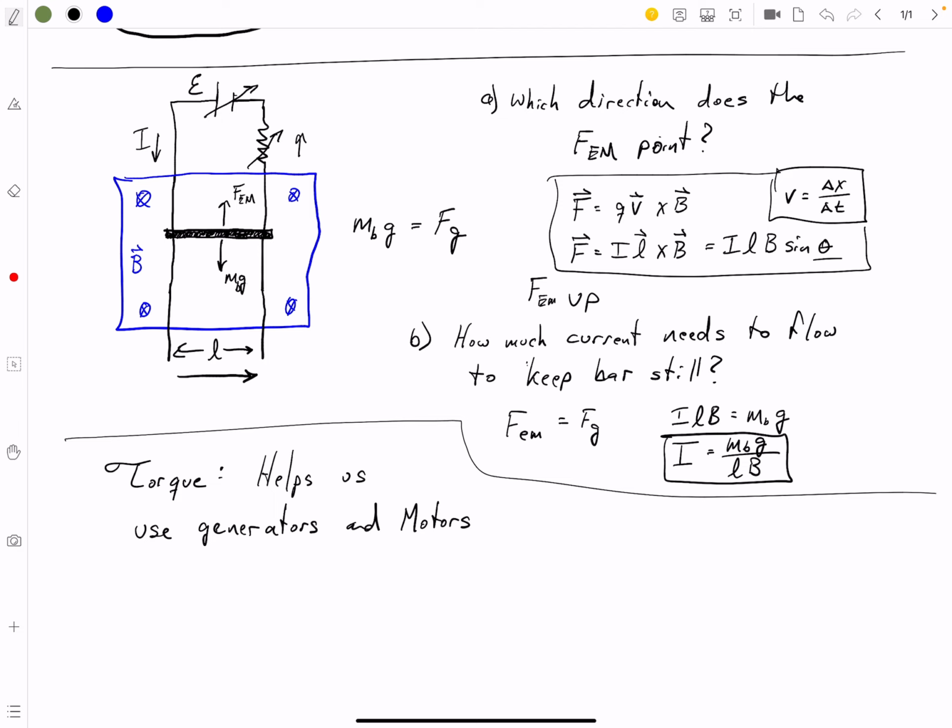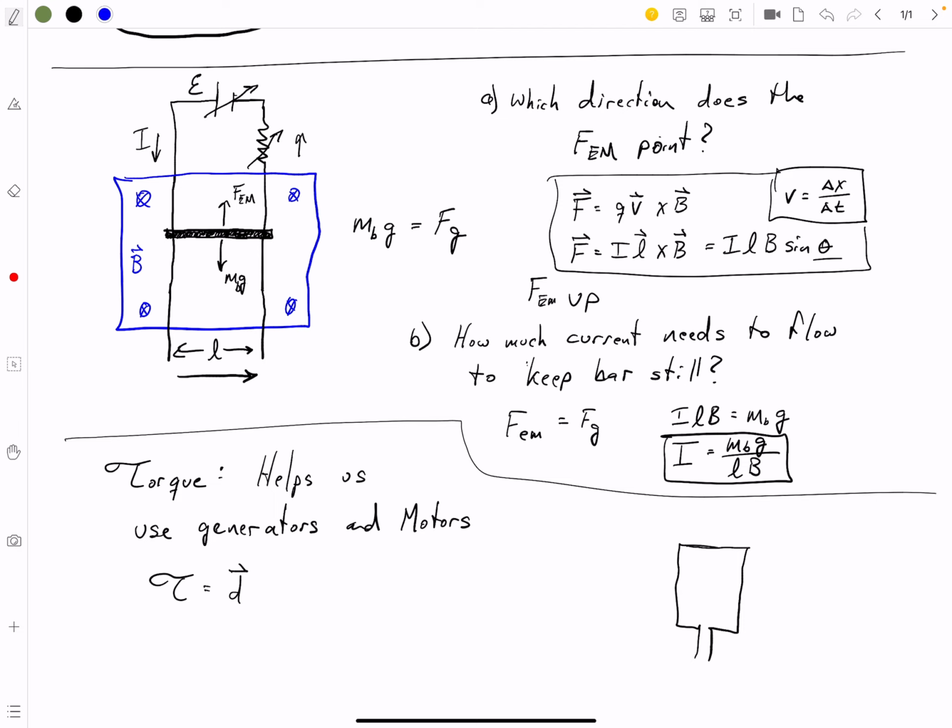We're going to simply do a few equations here. Torque is equal to the distance d cross F. Let's draw our circuit.